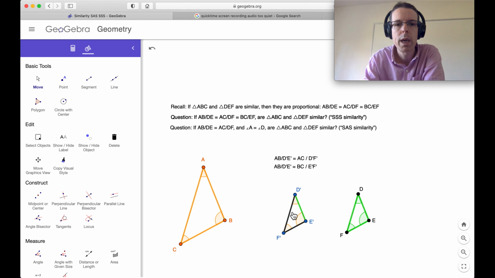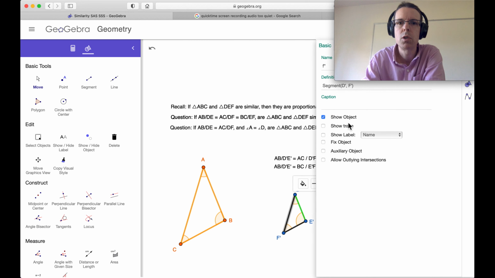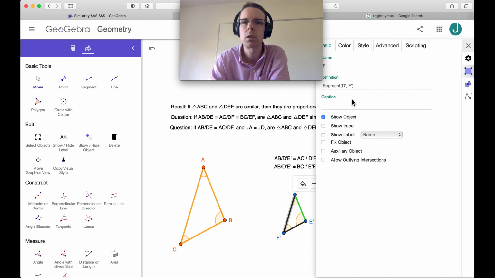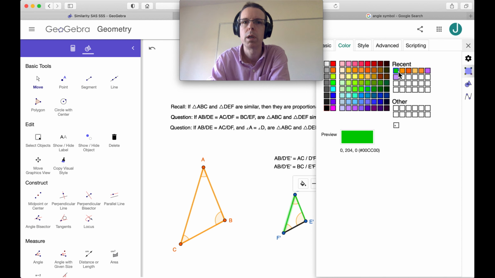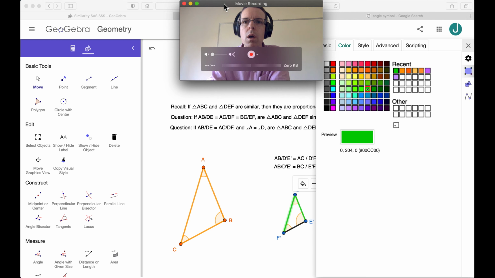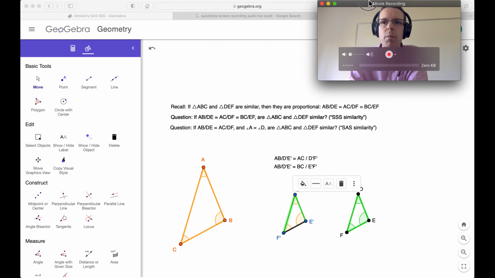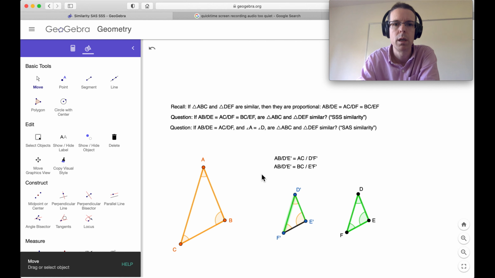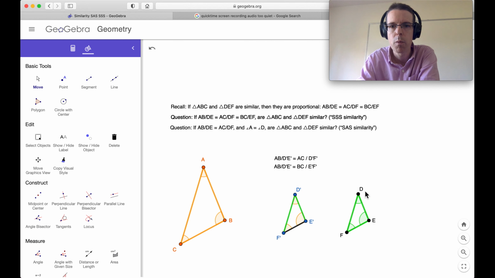And so we get a statement about this, which basically, I think the easiest way for me to represent this is to change this thing to green. So let's change that to this green color. So that's basically a representation of the fact that we've demonstrated that D prime F prime must agree with DF.